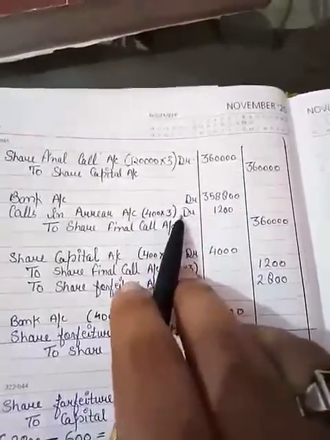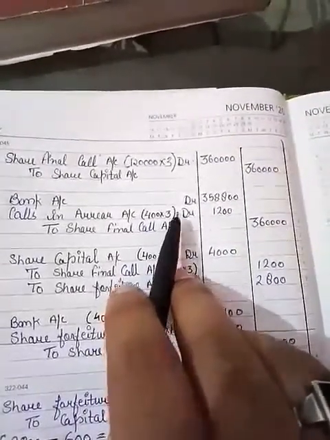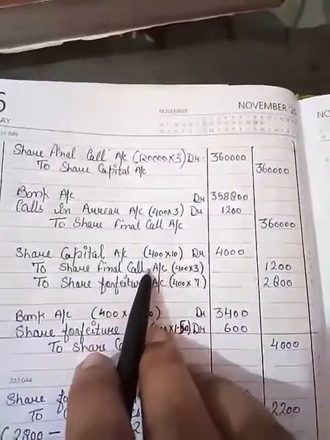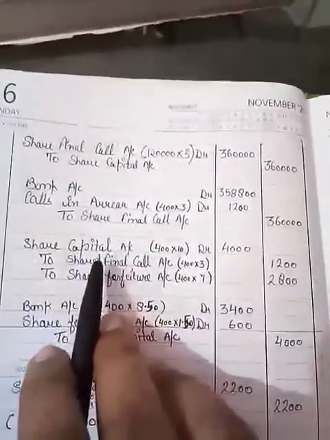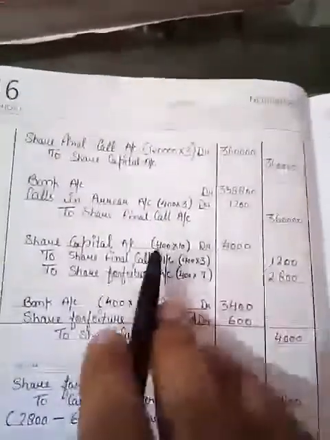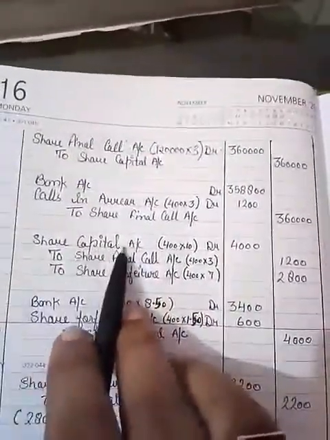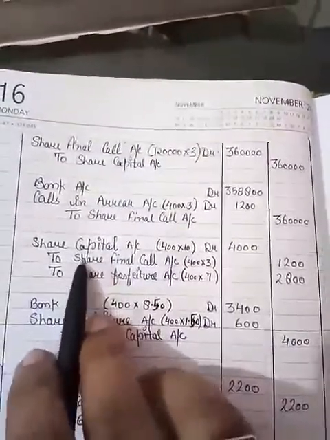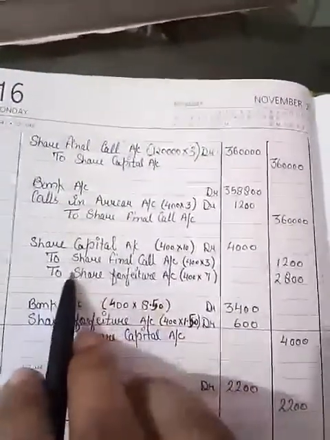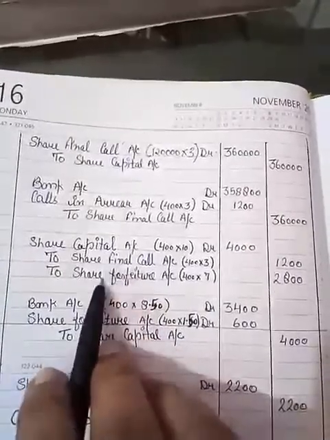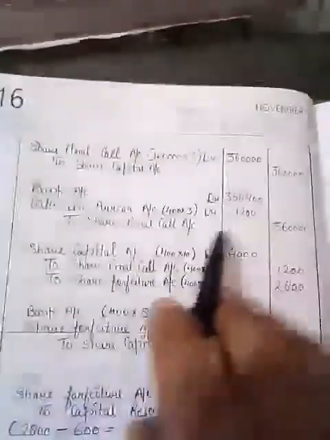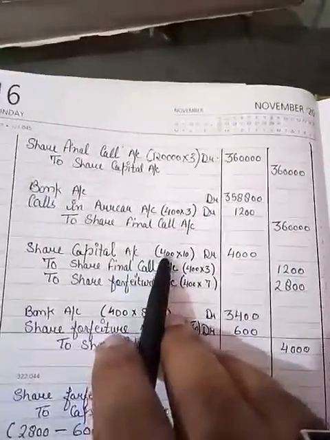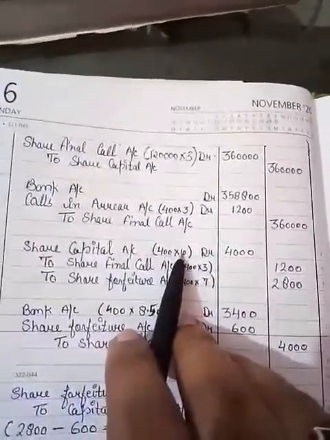Now he was unable to pay, so the director decided to forfeit his shares. So we will do the entry for the forfeiture: share capital account debit, and the amount which has not been received, that is to share final call, and the amount which we will be seizing, that is share forfeiture account. So in total share capital we are forfeiting 400 shares and the called up value was 10.